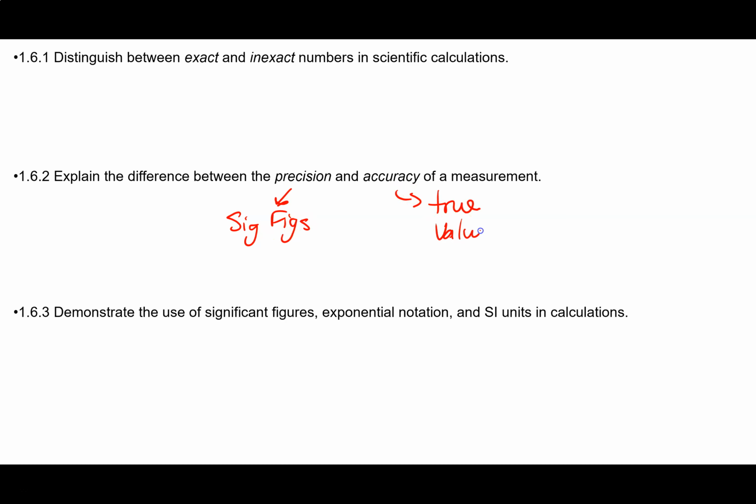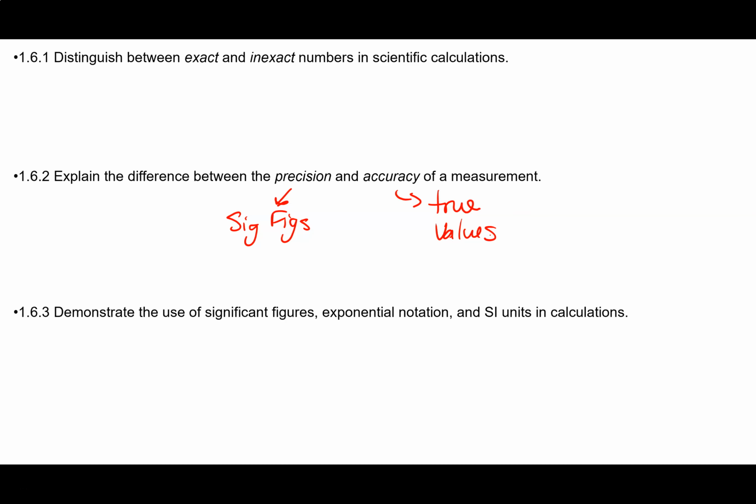So if we're trying to do some kind of math that proves that something is correct, say a value we got from lab is the same as one reported in a paper, then we're using accuracy values and methods to describe that, versus precision, which is trying to describe how close to ourselves we were in our measurement.